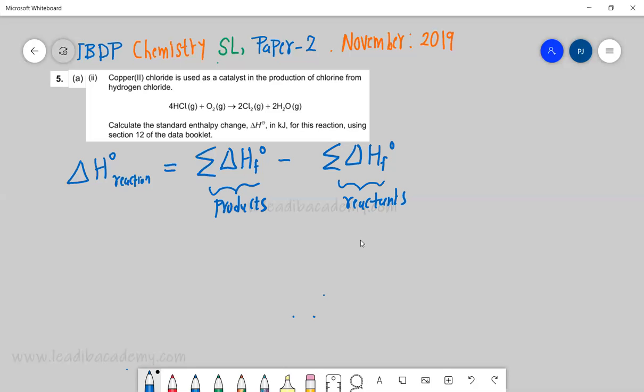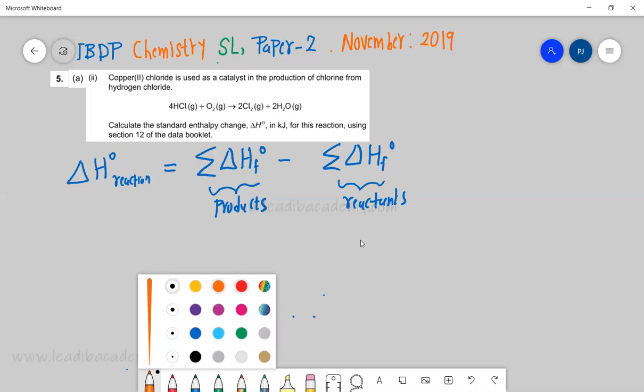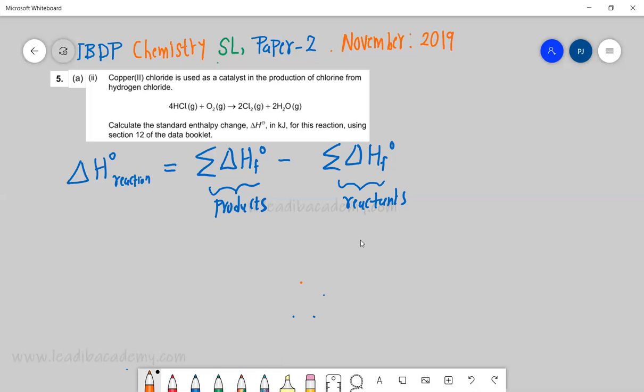So now understand very carefully, what are the reactants? Please remember, now let me highlight this. In this case, there's a chlorine as the reactant and a water, Cl2 and H2. But very important that chlorine is in its standard state. Why? Because chlorine exists like a Cl2.